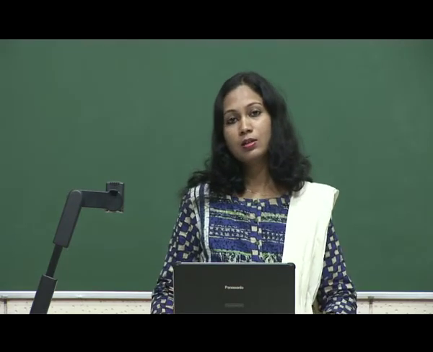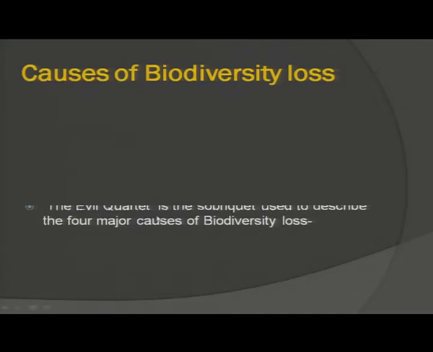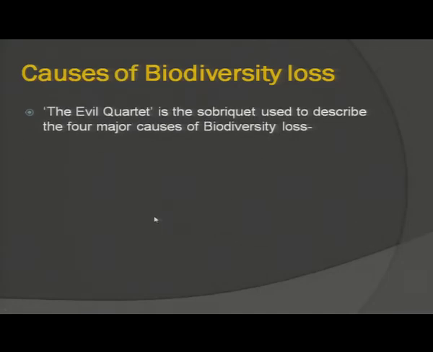If we see, since the time we started developing, humans have engaged in so many activities like deforestation, overconsumption of resources, pollution, agriculture, plantation, and all these have adversely affected the rest of the species. So, the causes of biodiversity loss can be categorized into 4, and so it is also referred to as the evil quartet.